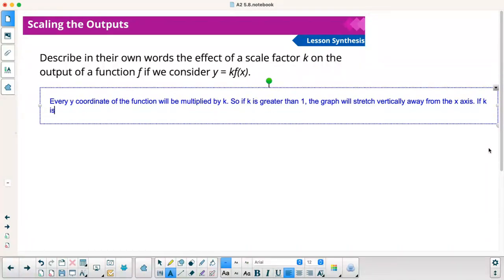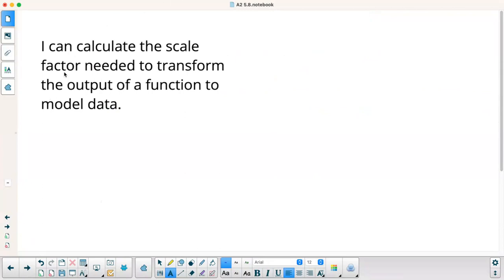If k is between 0 and 1, the graph will compress or shrink, or squash or squish, I don't know, squash towards the x-axis.